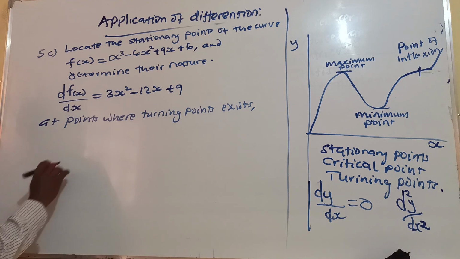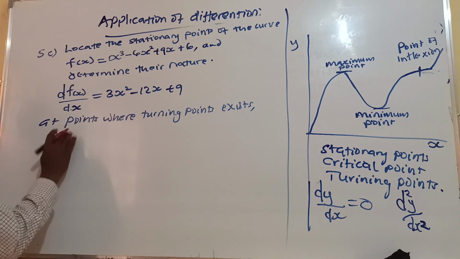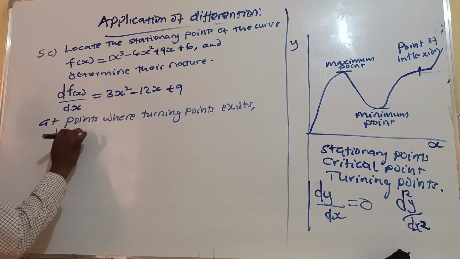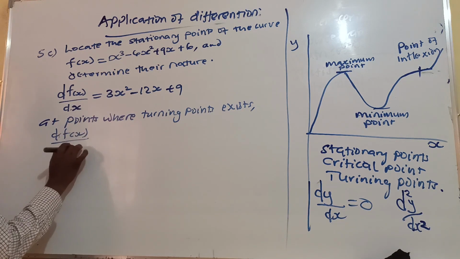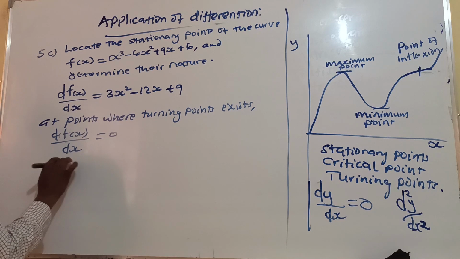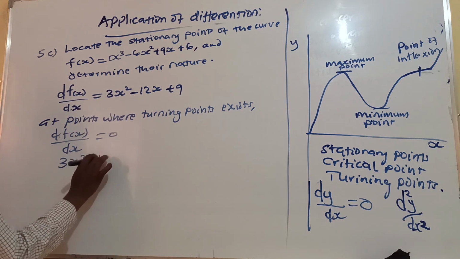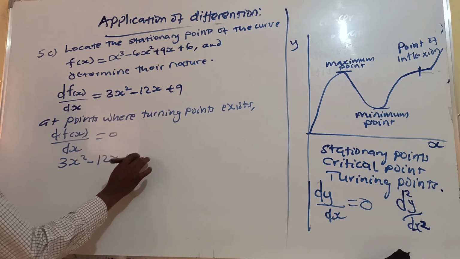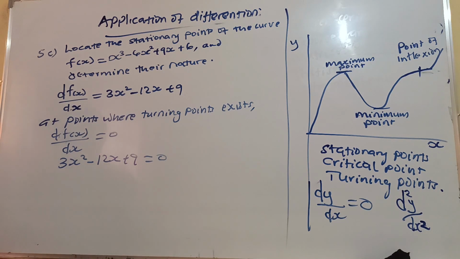We know derivative of our function f of x with respect to x will be equal to 0. So simply equate this with 0. 3x squared minus 12x plus 9 is equal to 0.